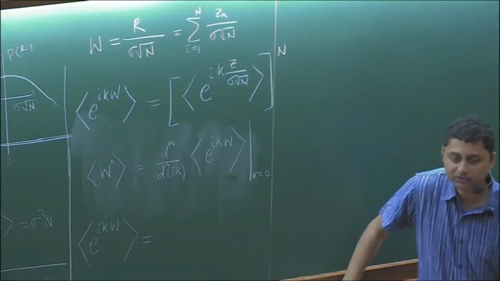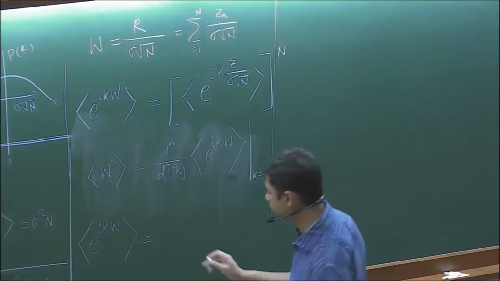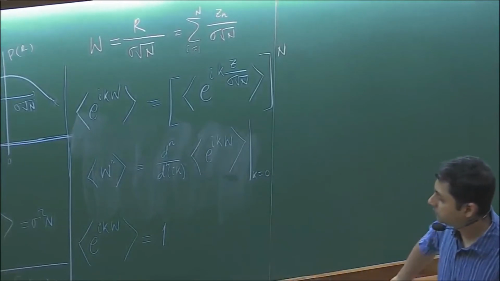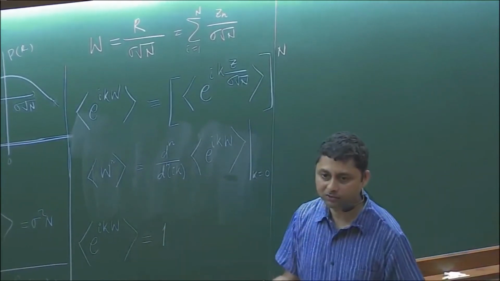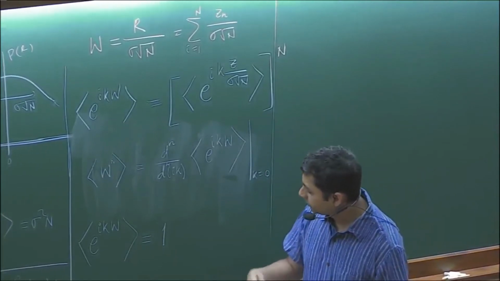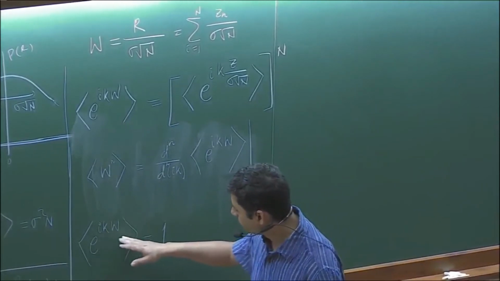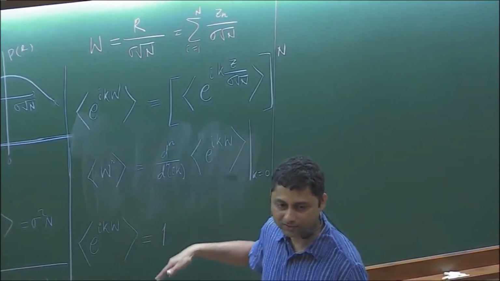If I put k exactly equal to 0, it's 1. Now I'm going to expand this function near k equal to 0. You might think that this is just expanding e to the power i k w inside and writing it down.